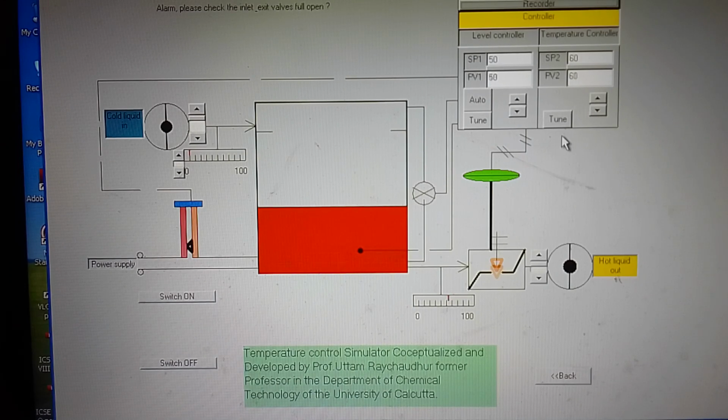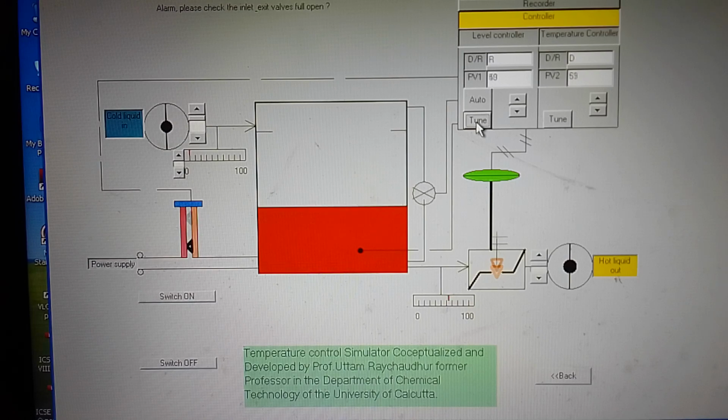You can see that both temperature and level are controlled by a controller having both a level controller and a temperature controller. You can also set tuning parameters. It is direct acting for temperature, and reverse acting for level. That is understood heuristically, whether it is reverse or direct. Reverse means increase gives decrease, and decrease gives increase.